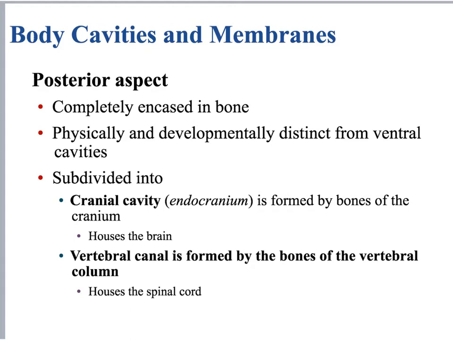And then you have the vertebral canal, because the nerves that exit the brain leave via the spinal cord, and that spinal cord goes right through the vertebral canal. So your posterior body cavity can be broken into the cranial cavity and the vertebral canal.